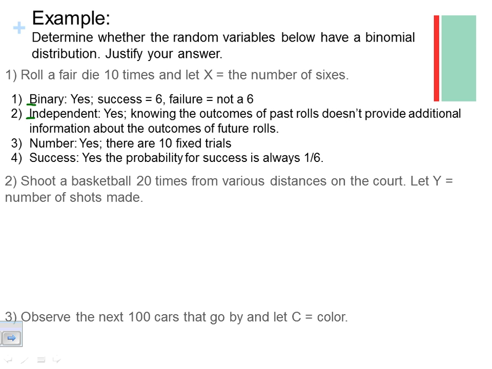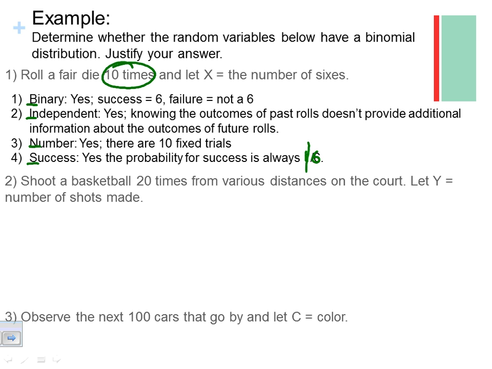Is it independent? Yep, rolling one die doesn't affect the next roll. Do you have a fixed number of trials? Yes, it told us that we're going to do this 10 times. And is the probability of success always the same? Yes, the probability of getting a 6 on rolling a die would be 1 out of the total of 6. So the probability is always 1/6.